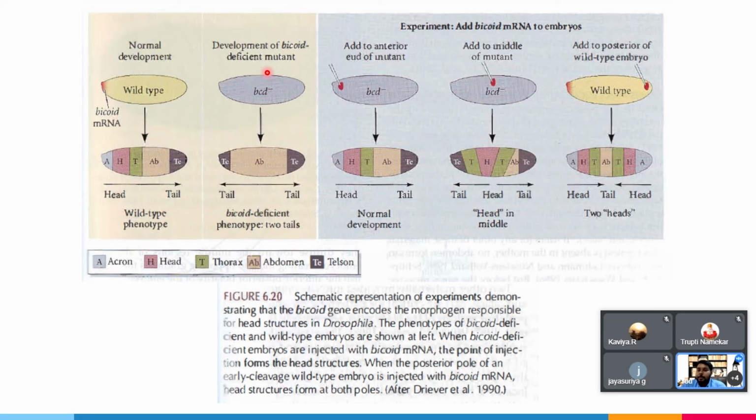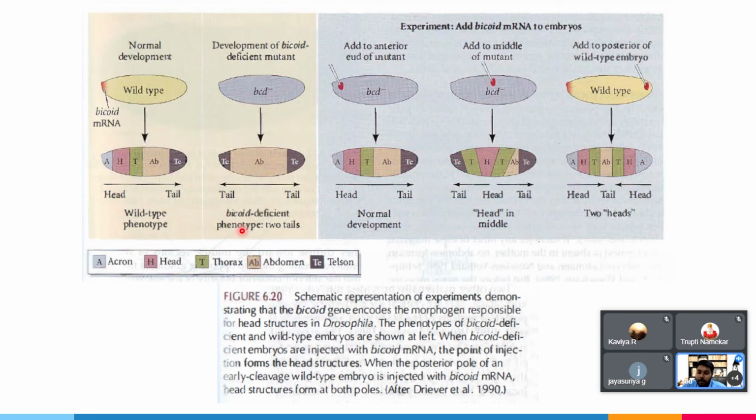Now let us look at bicoid deficient mutants. In case of bicoid deficient mutants, or BCD minus mutants, we have no head structures being formed. Since bicoid was controlling the head structures being formed, we have no head structures, and we have two telsons and abdomen in the middle.